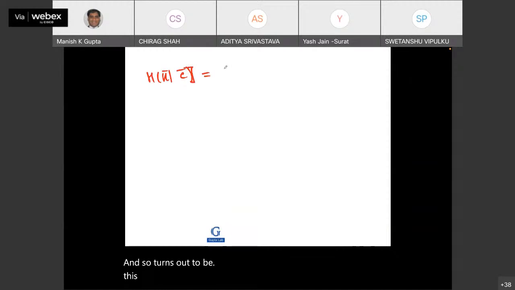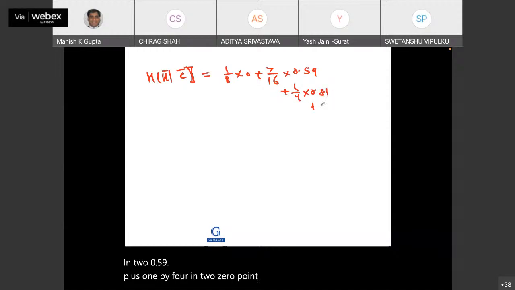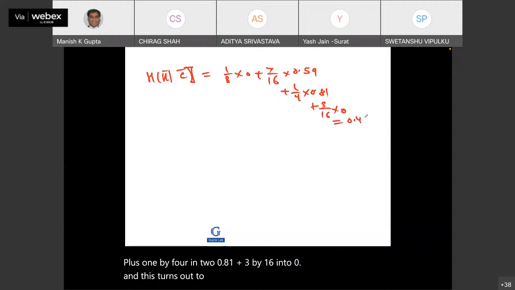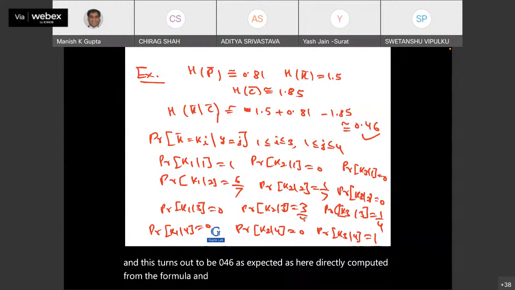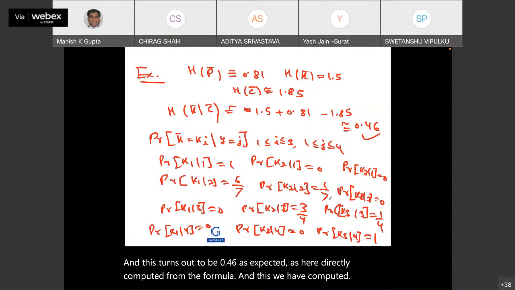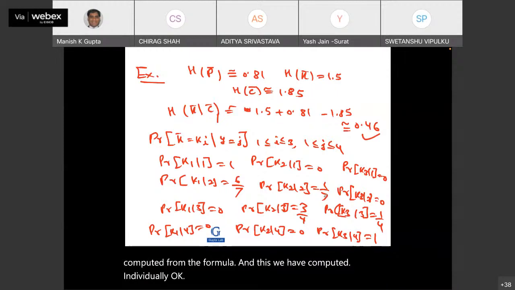And so H(K|C) turns out to be, we are computing directly, 1 by 8 into 0 plus 7 by 16 into 0.59 plus 1 by 4 into 0.81 plus 3 by 16 into 0. And this turns out to be 0.46 as expected, directly computed from the formula, and this we have computed individually. This is the previous example which we computed.